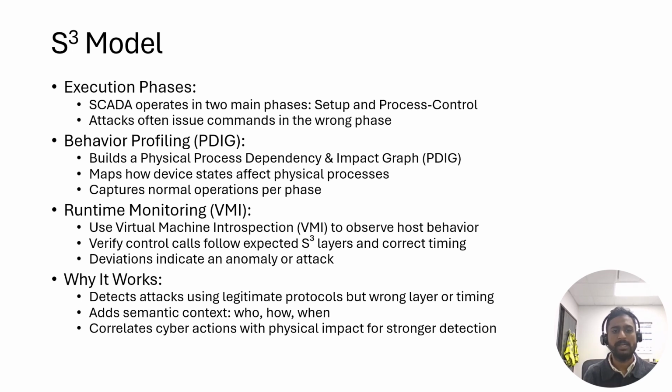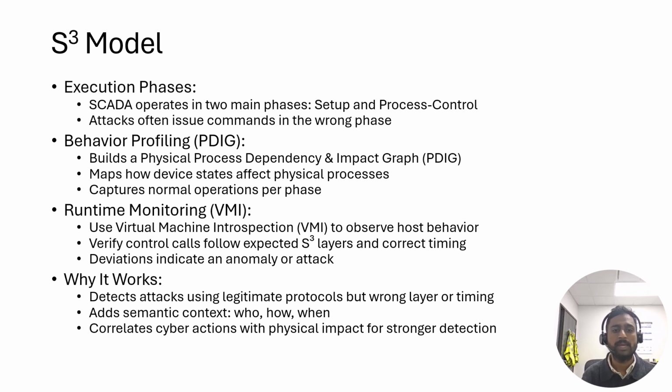More about the S3 model and why it might be useful. Within the S3 model, these layers indicate how communication might flow. Could you use that information to maybe see anomalous behavior? What if you see commands like OPC browse during production states? How can the S3 model help?